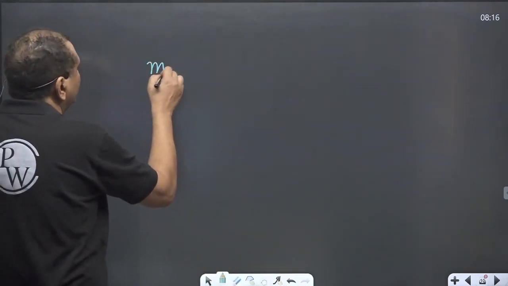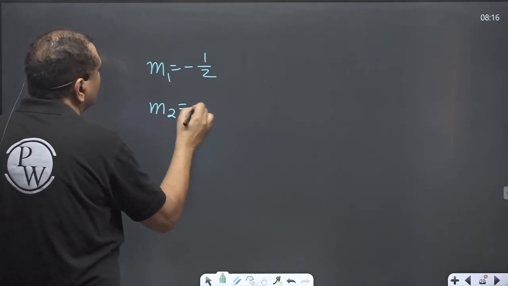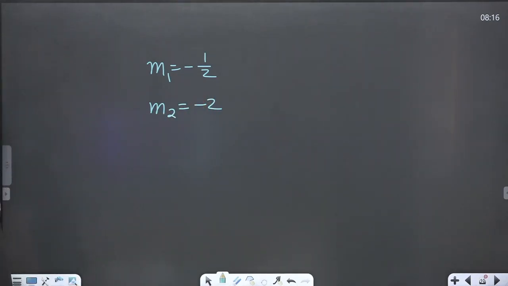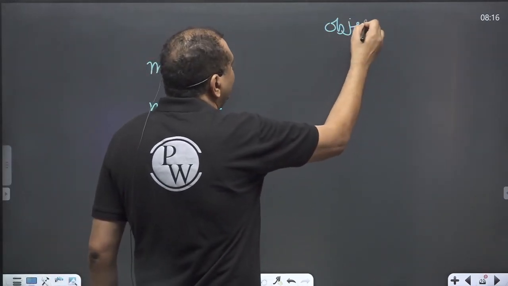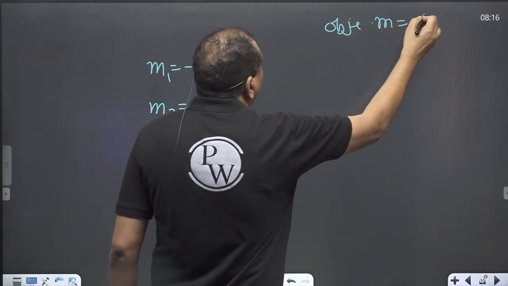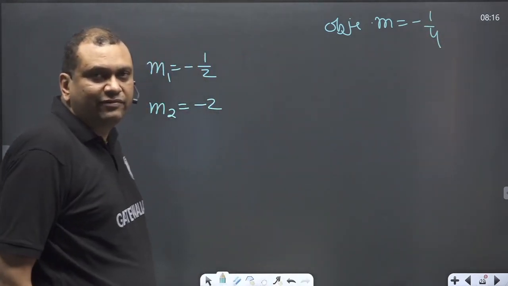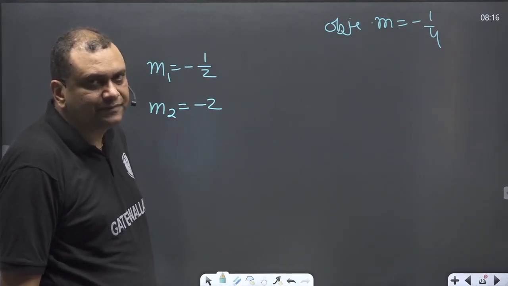Let us say these are the slopes of two different constraints. Let us say the objective function slope is minus 1 by 4.